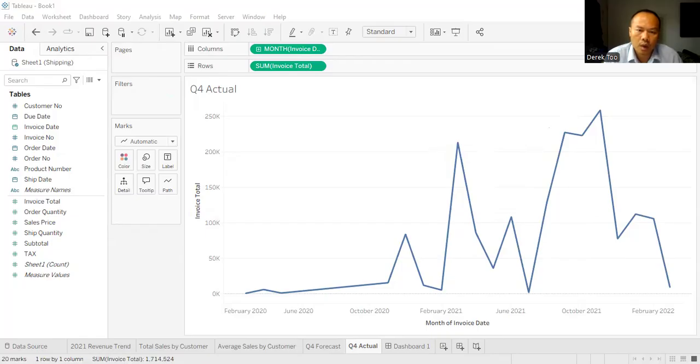Now these questions are regarding the actual and the forecast, and we're comparing the two. We're seeing the underperformance or outperformance, etc. The first question is: what month significantly underperformed expectation? I have the answer here as December 2021.